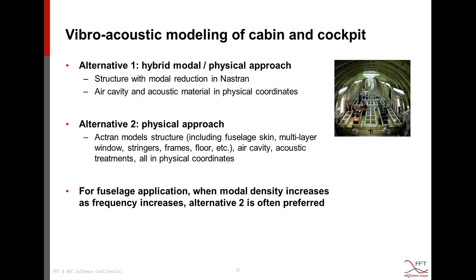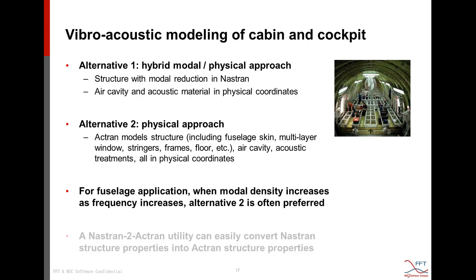Now, a problem of alternative 2 is that we have to model the structure in Actran, but this doesn't mean we have to model them from scratch. So indeed, in Actran, we have a very nice utility called Nacelle to Actran converter, or Nacelle to Actran translator.